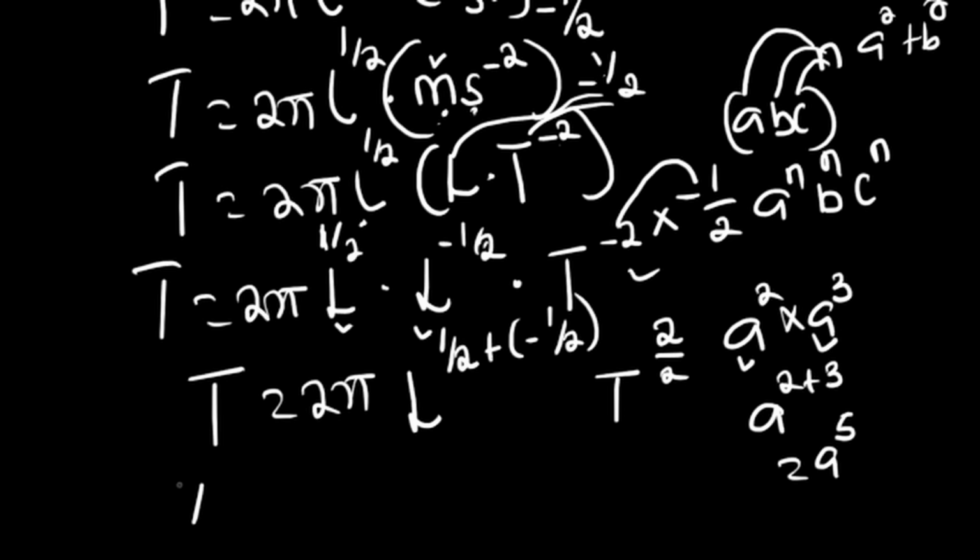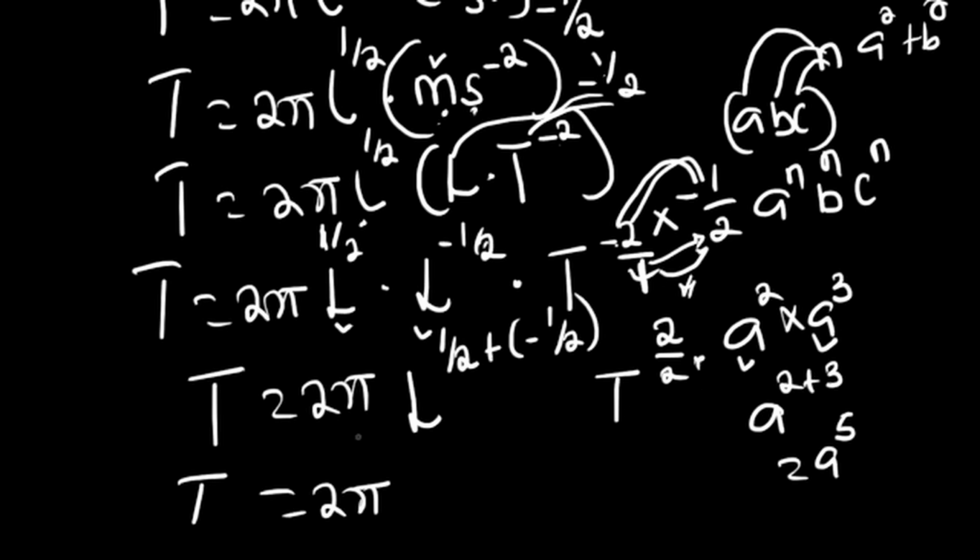So here we have T is equal to 2 pi. In case you're confused on how the negatives disappeared, please note that this negative 2 can be written as negative 2 over 1. So you multiply numerator by numerator, denominator by denominator. So negative 2 times negative 1 gives you a 2, and then 1 times 2 gives you a 2.